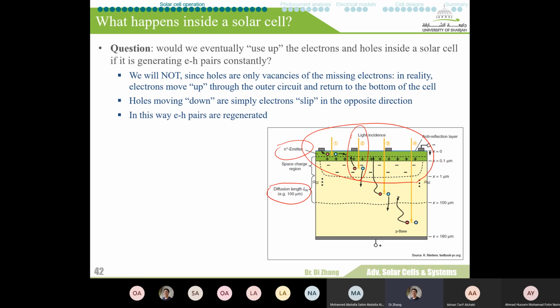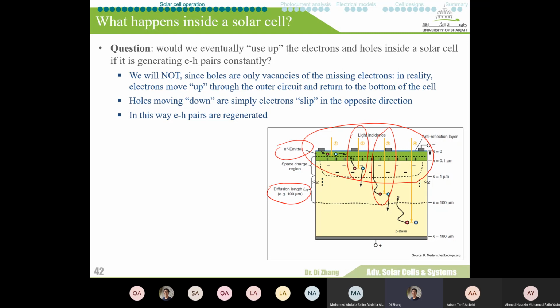A more common occurrence is the third scenario, where the electron and hole pairs are generated beyond the space charge region. From this point on, they need to diffuse first to the space charge region in order to be separated.